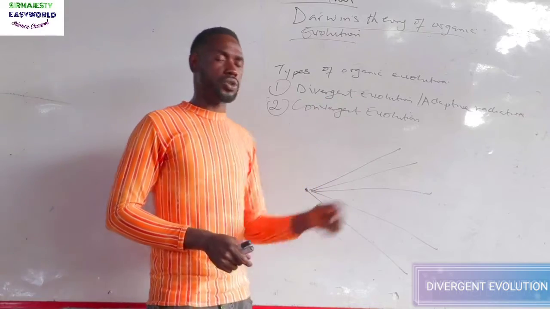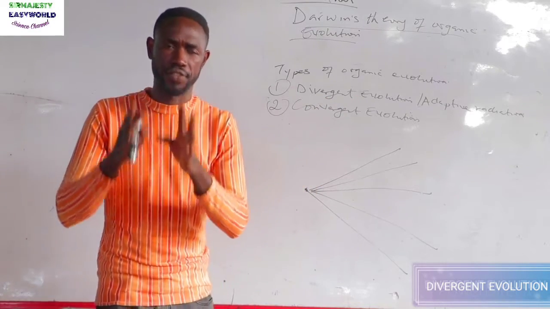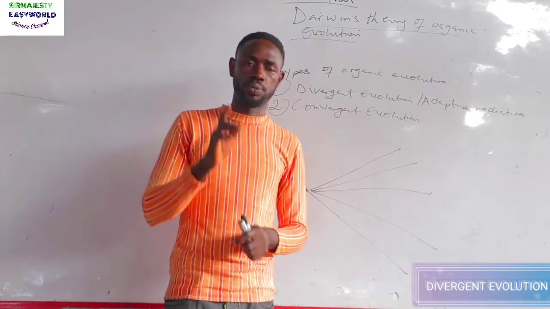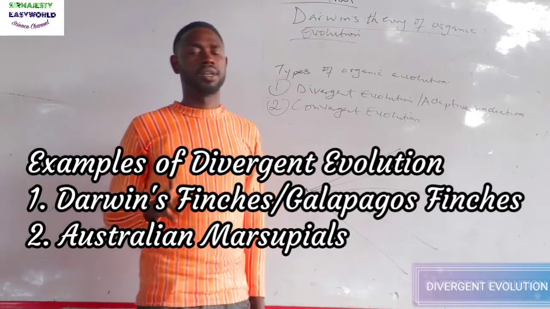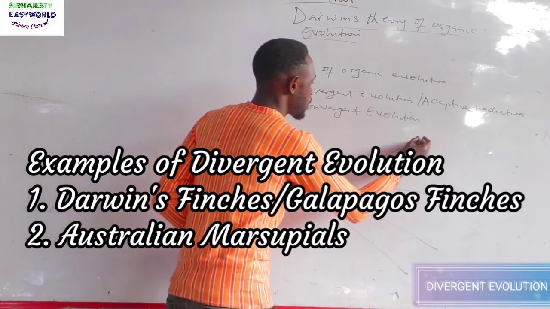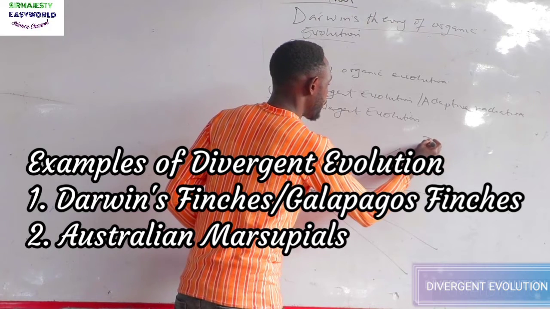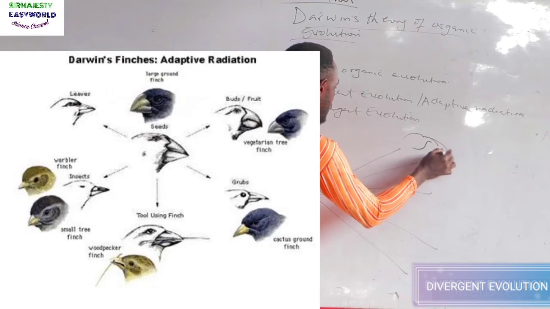Examples of divergent evolution are exhibited by that of Darwin's finch and Australian marsupials. Take note. So the Darwin's finch, from what I draw here, there are ones that have the beak modified for feeding on nectar, as you can see.